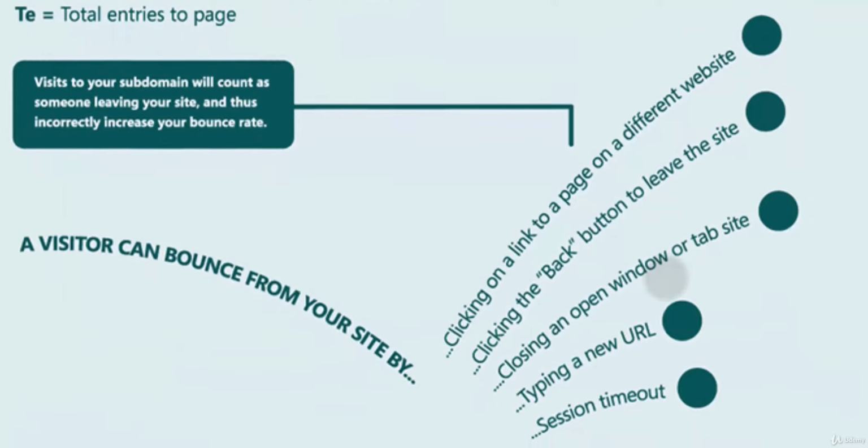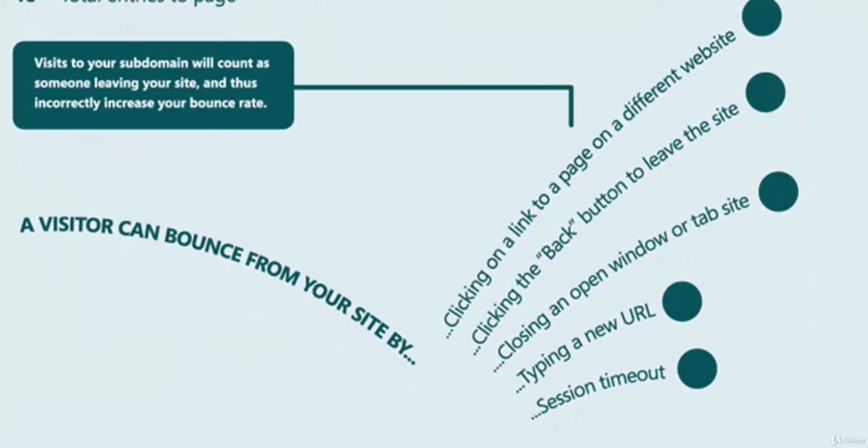So, what are all the visits which are counted as bounced? Let's assume that a visitor is visiting your website from a Google search result. If he clicks on a link to a page on a different website, then he is considered as bounced back.